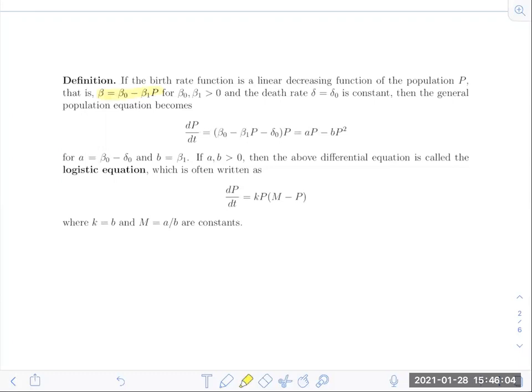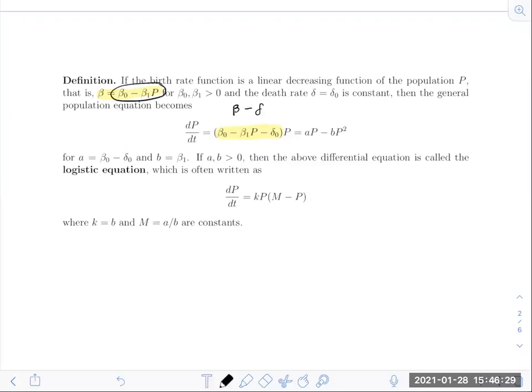So what I want to point out here is this set of parentheses. This is just the birth rate minus the death rate. It's just that we have expressed the birth rate in this format and the death rate is constant. So this really isn't different from the general population equation. It's more of a very specific variation where we have this kind of a setup with the birth rate and the death rate.